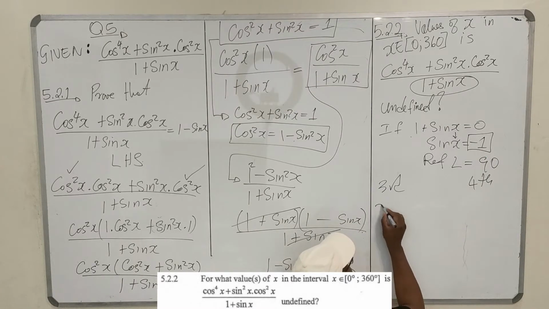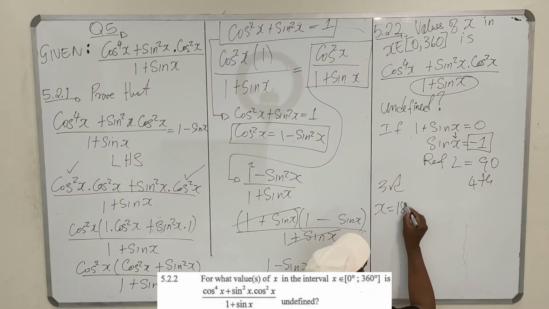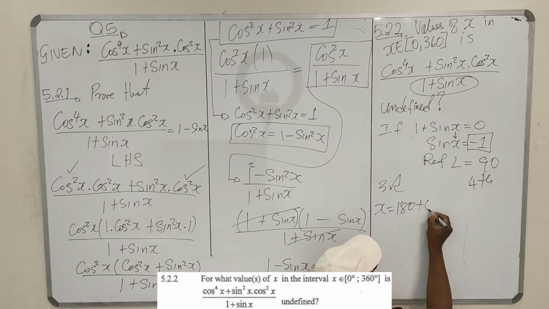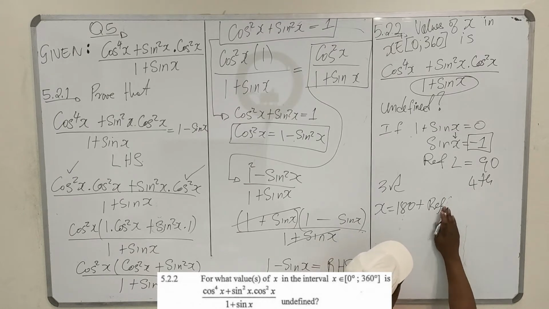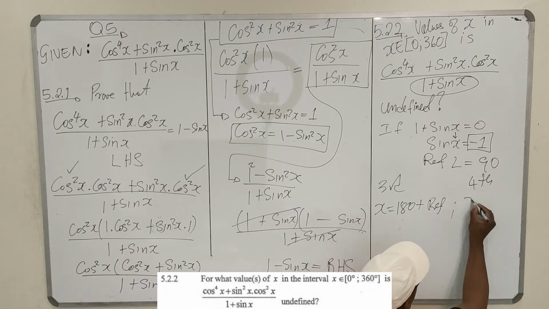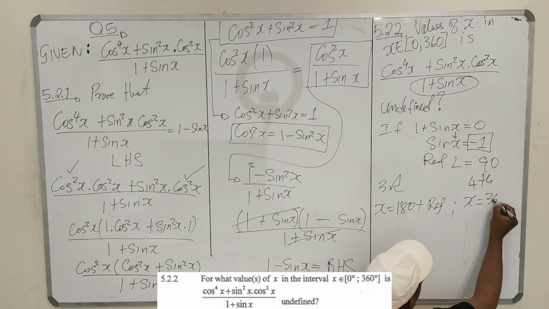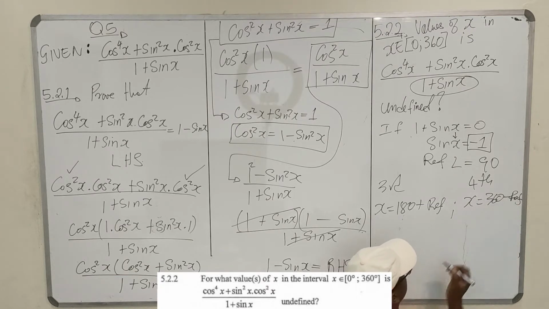On the third quadrant, x is equal to 180 plus your reference angle. On the fourth quadrant, x is equal to 360 minus your reference angle.